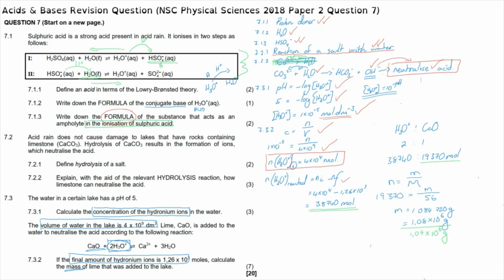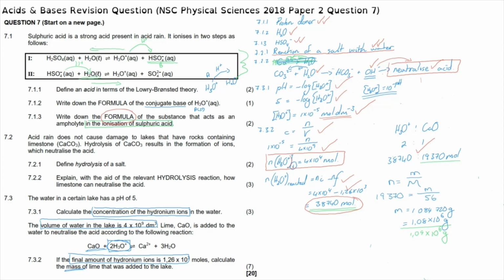There are then 2 marks for calculating the number of moles that reacted. Once you know the initial amount and you've been given the final amount, there's 2 marks for calculating the number of moles that reacted. Once we know that number of moles that reacted, we were allocated 1 mark for using the ratio to find the number of moles of calcium oxide that were present.